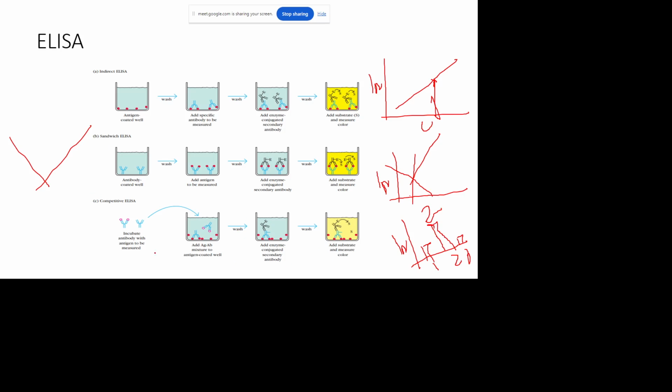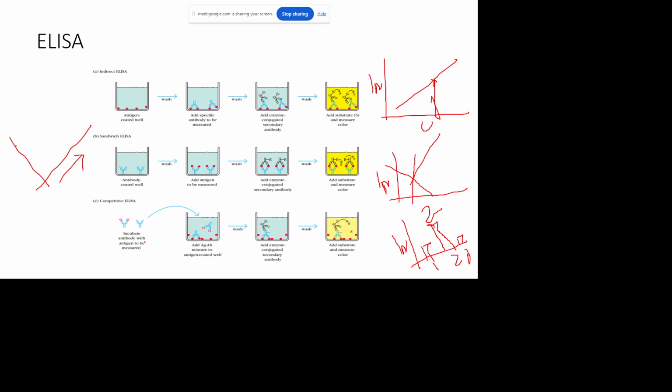So if you have a very low antigen concentration initially, then you will have a very high amount of signal, because less antigen means more free antibody, which means more binding and more color intensity. So you will get a very high signal when your antigen level is very low, right? Now if you increase the antigen concentration, what will happen?